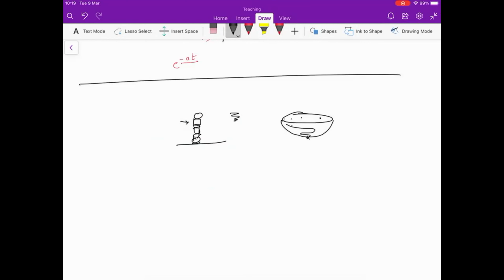So we could say this is going to be zero input stable, and of course it's also BIBO stable. If you have the thing over here and you push it, then it's going to come back over here. And in fact, it turns out to be asymptotically stable, so it does get back to the original point. But what if I have a marble on the ground outside the bowl? Is that a valid initial state?